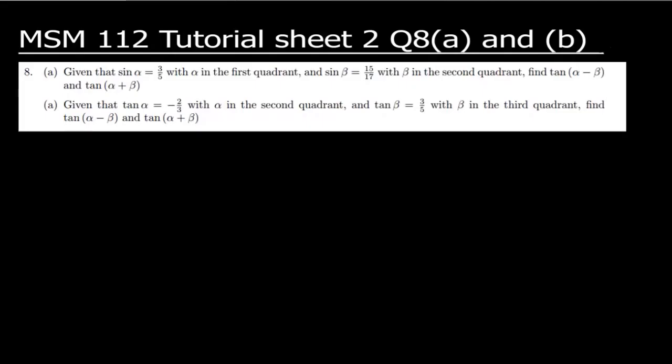There is only tan throughout the identities, meaning there's something we can do to change this sine into tan alpha and tan beta.